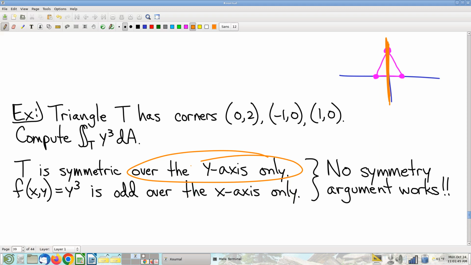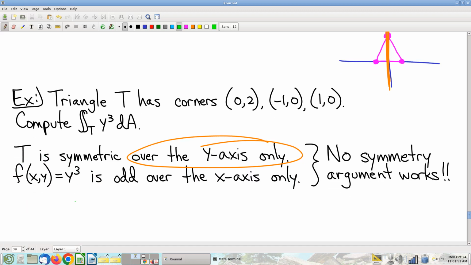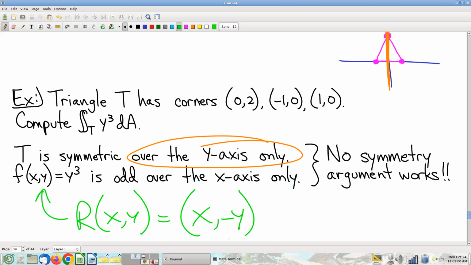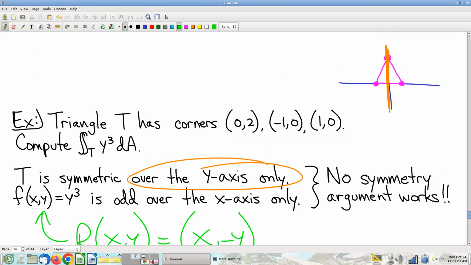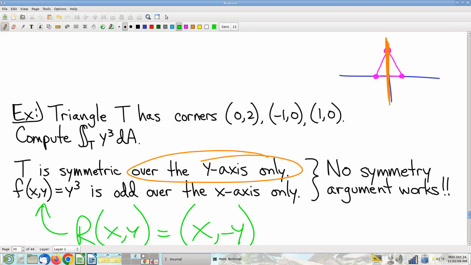But on the other hand, this function here, y cubed, is only odd if your reflection is x comma negative y. And if you think that through, let's draw a picture of that. I can just come up to the same picture. X comma y reflects to x comma negative y.